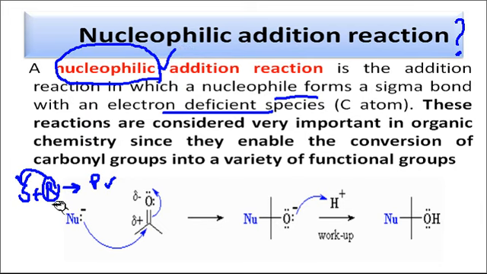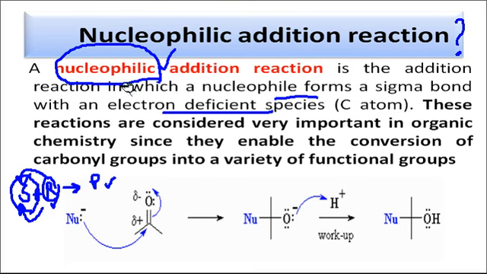So this nucleophilic reagent attacks on the substrate, and as we discussed in our previous class, in case of addition reaction this substrate molecule must have unsaturation. That means it must have the double bond or the triple bond, so that the addition on that substrate molecule may take place.